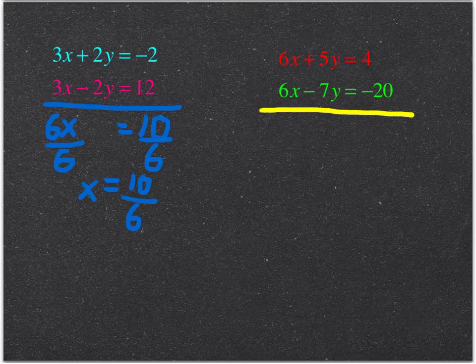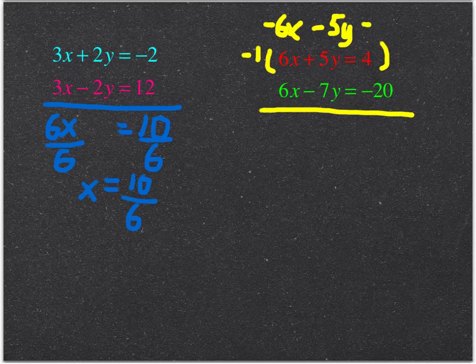And I can do that if I multiply everything, let's say in this top equation, by -1. Basically what's going to happen is that's going to turn into a -6x. This will be a -5y, and this will be a -4.